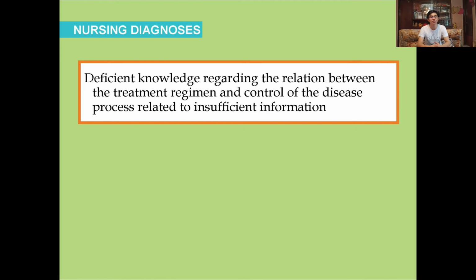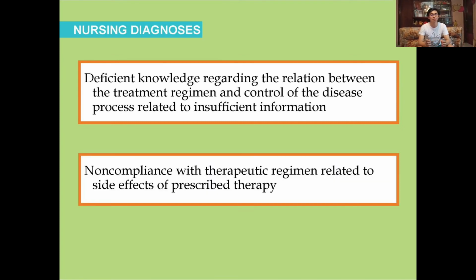Most common nursing diagnoses encountered with patients having hypertension are these: deficient knowledge regarding the relation between the treatment regimen and control of the disease process related to insufficient information, and non-compliance with therapeutic regimen related to side effects of prescribed therapy.